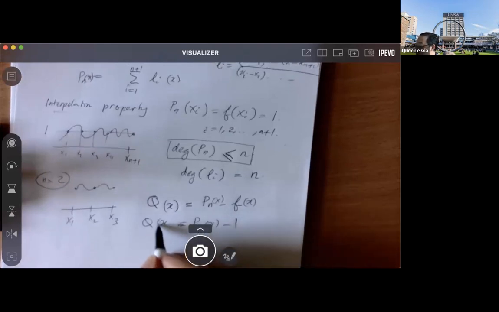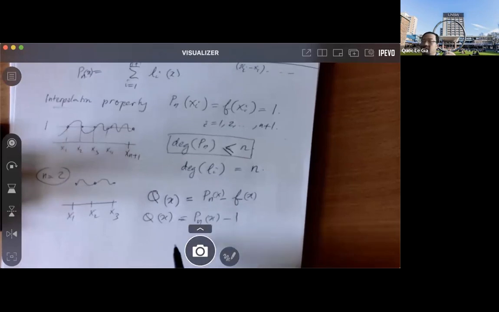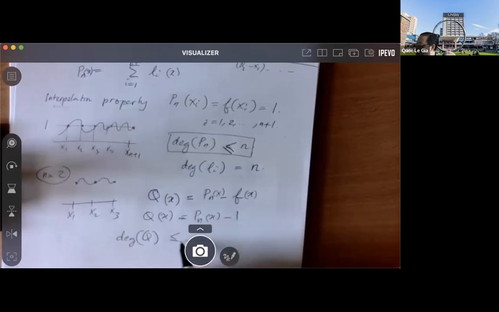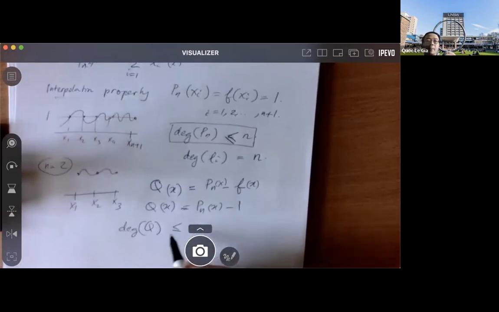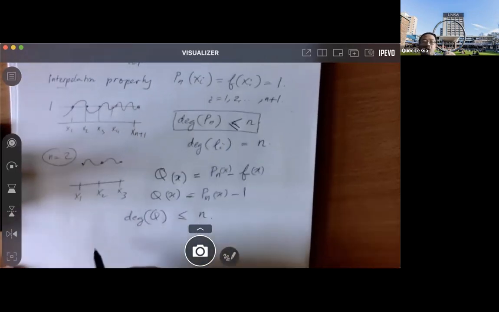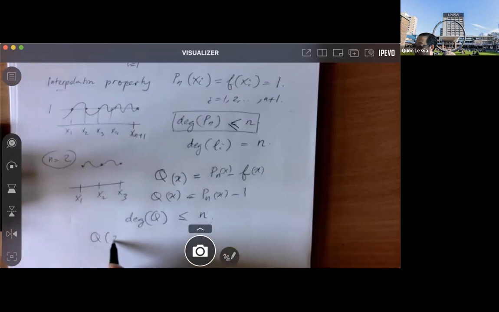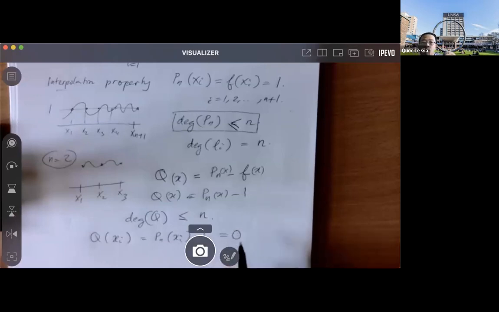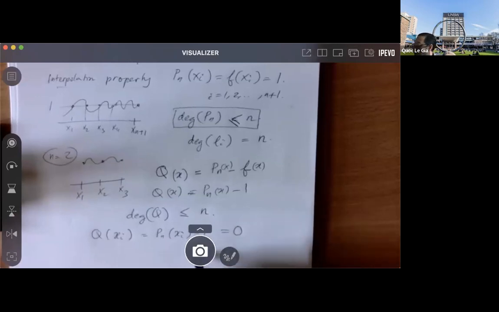Then what is the degree of Q? The degree of Q is just the degree of Pn, so the degree of Q is less than or equal to n. Also Q at xi equals Pn at xi minus 1, which equals 0, for i from 1, 2, 3 up to n plus 1.